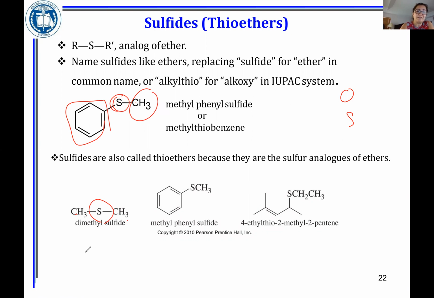You have dimethyl sulfoxide. Okay. Dimethyl sulfide is a good solvent. They use it in the ozonolysis because after the reaction takes place, sulfur is going to be oxidized and it changes to dimethyl sulfoxide.